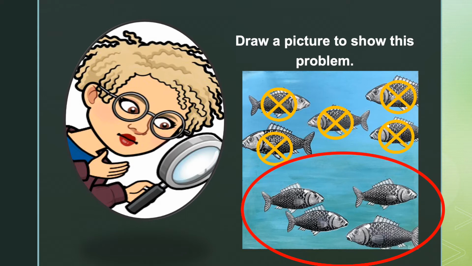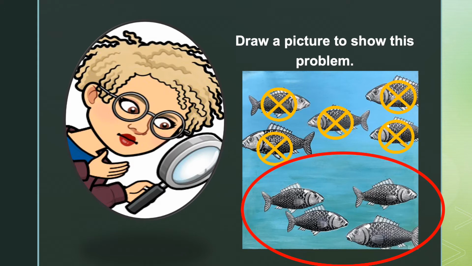So in this case, we put 1, 2, 3, 4, 5 X's on 5 of the fish. So then, the big question of subtraction is, how many are left? So we want to know how many fish are left in this pond.